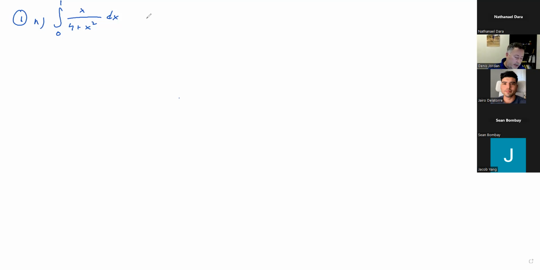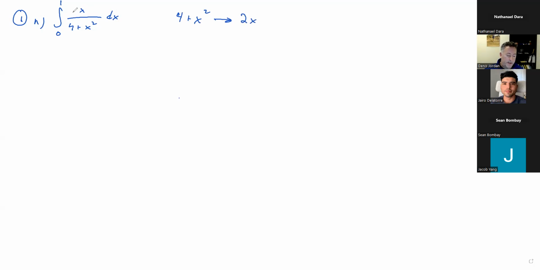So if you look at the denominator, 4 plus x squared, what's the derivative of 4 plus x squared? 2x. And that's really close to what you have.